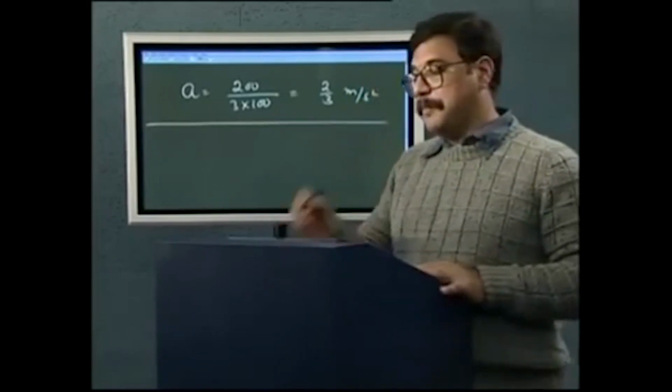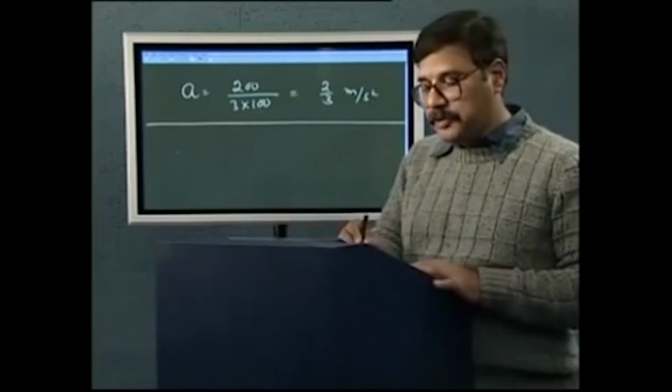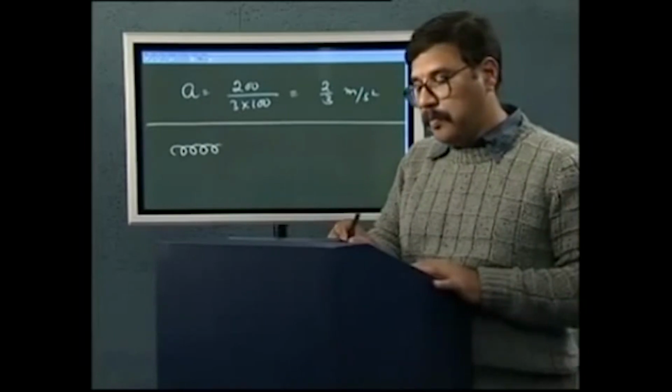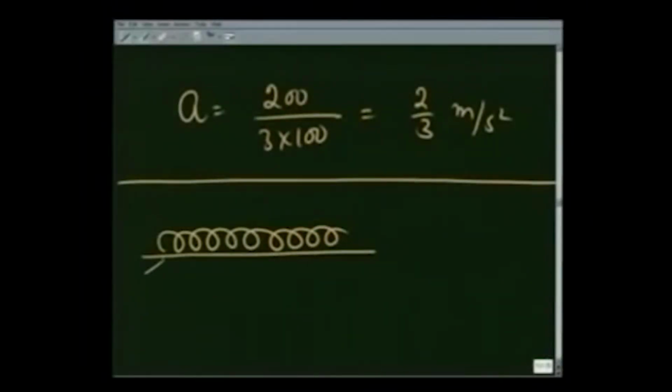As a third example, let me take a chain which is on a rough surface. So, this is a rough surface, and let us take this to be x equal to 0, and beyond this is a smooth surface.